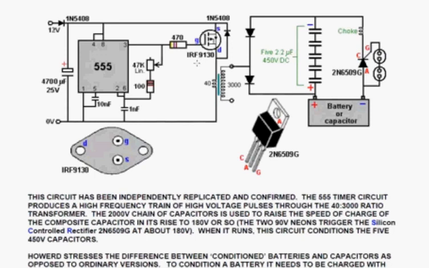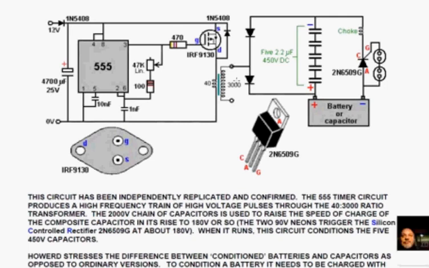Now, that drives the input side of a large step-up transformer. The step-up has got 3,000 turns on the outside and 40 turns on the primary. And it comes then through 2 diodes to charge a stack of batteries.